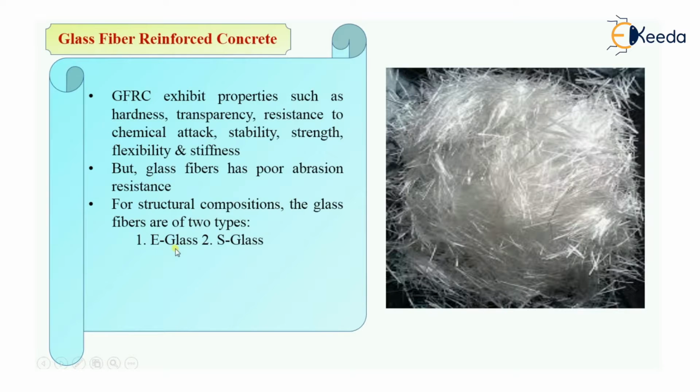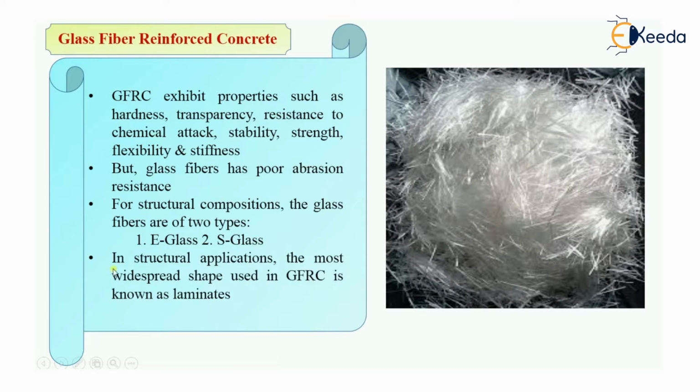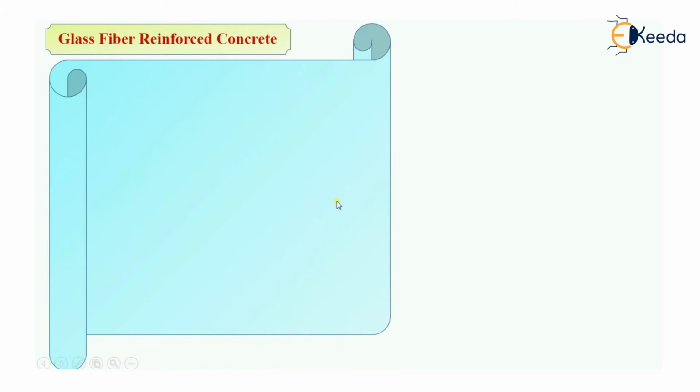You can watch that video in which we have seen the properties of E-glass fibers as well as S-glass fibers. In structural applications, the most widespread shape used is laminates. Remember this: the most widely used shape for structural applications will be laminates.